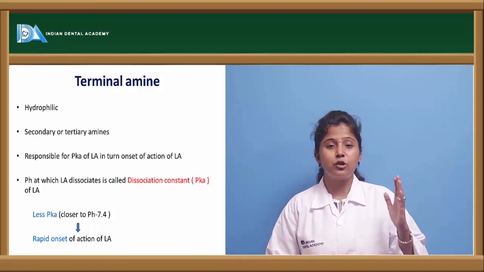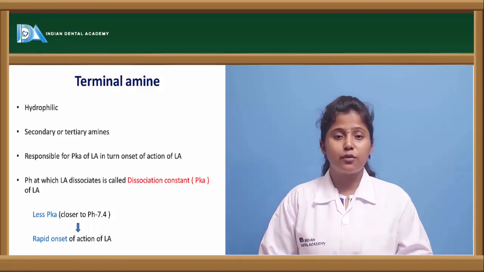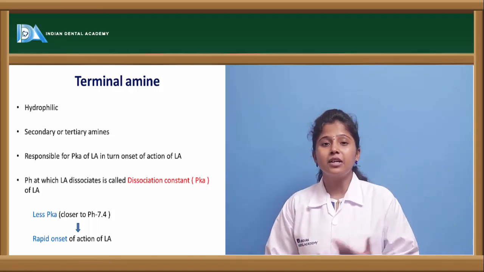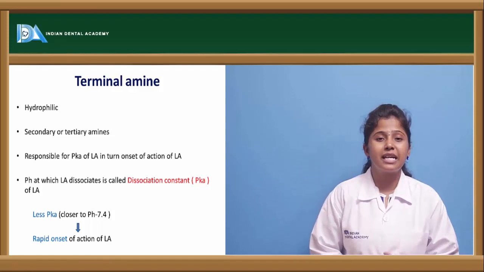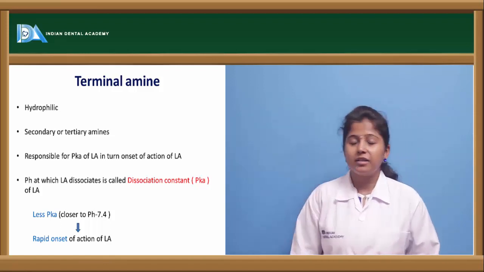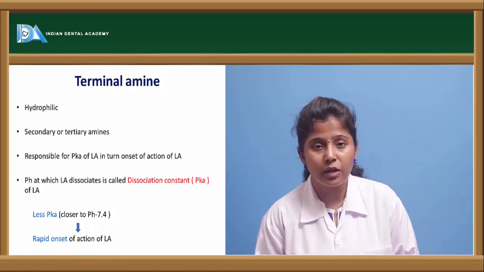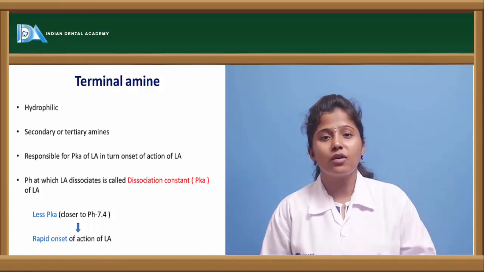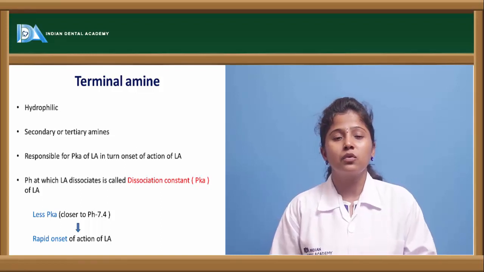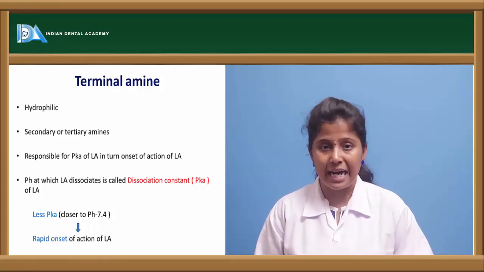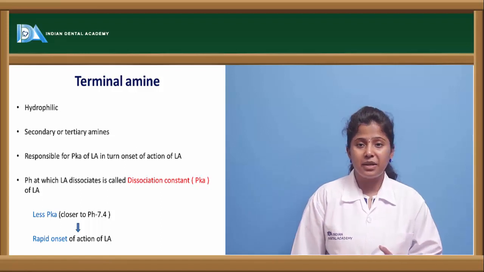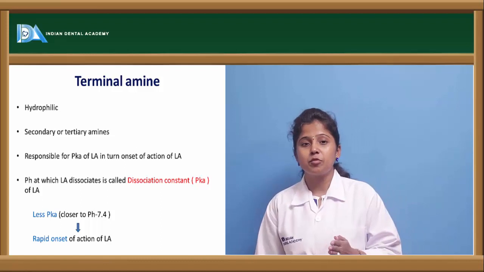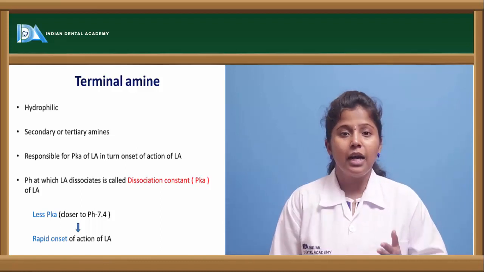The hydrophobic element is an aromatic ring structure, whereas the hydrophilic part contains tertiary or secondary amines in its structure, and it is responsible for the pKa of the local anesthetic. The pKa is the capacity of the compound to dissociate in the presence of acid. This is called the dissociation coefficient, and these amines are responsible for the pKa characteristic of the local anesthetic.